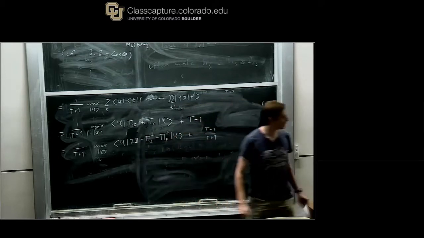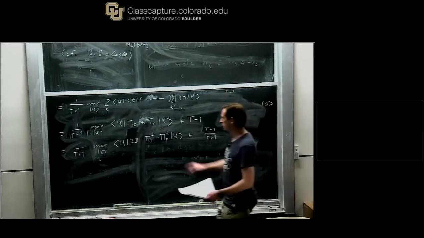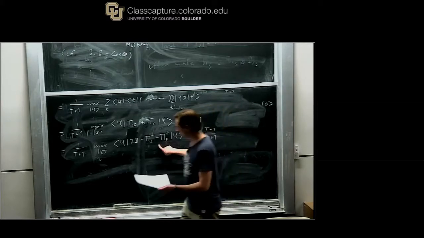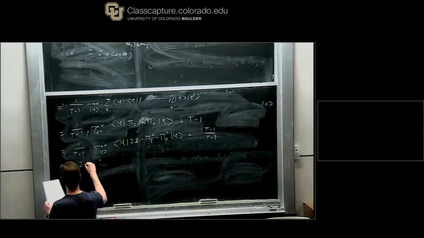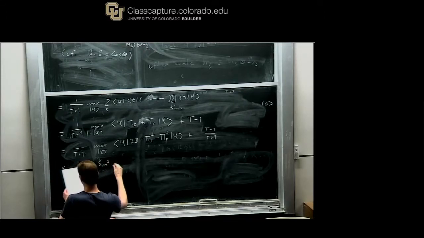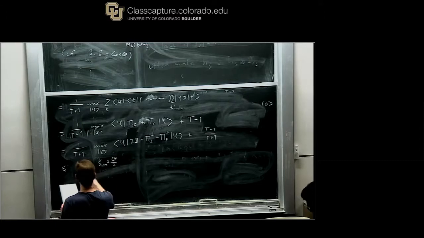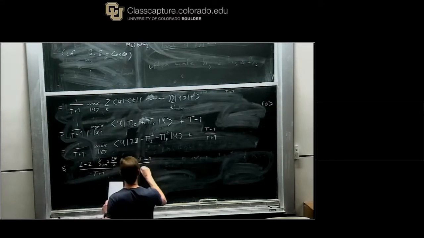But we have a very good lemma for bounding minimum eigenvalues of the sum of two matrices. It's the geometrical lemma. So we can now use the geometrical lemma a second time to bound this term. So the geometrical lemma gives us that this is 2 minus 2 sine squared, but now it's a new angle, over t plus 1, plus t minus 1 over t plus 1.